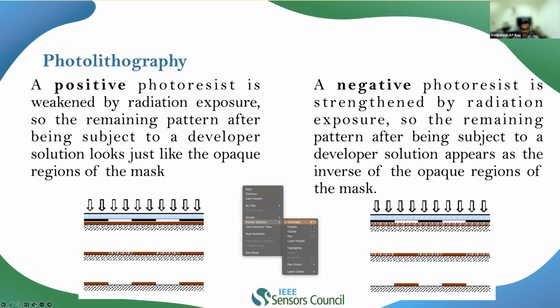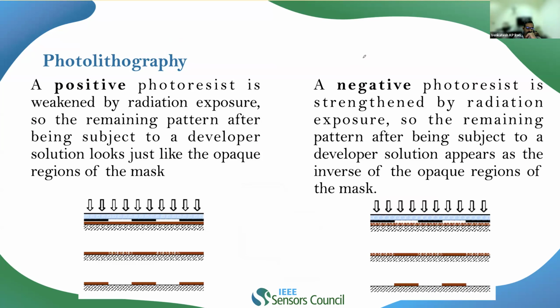Here a radiation comes and falls on these portions of the structure. The exposed portions will get loosened and washed away by the developer. On the other hand, if it's a negative photoresist, it further strengthens the exposed regions, so the exposed regions will be retained. If it's a positive photoresist, the exposed regions will be washed away.